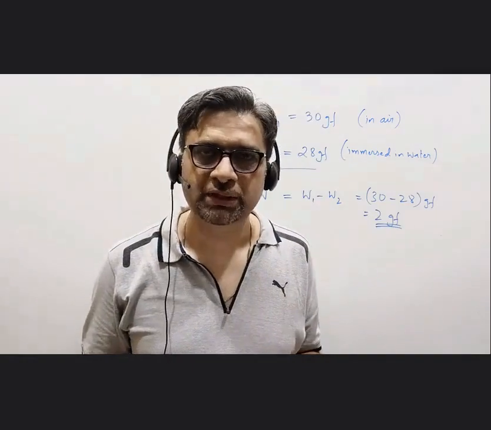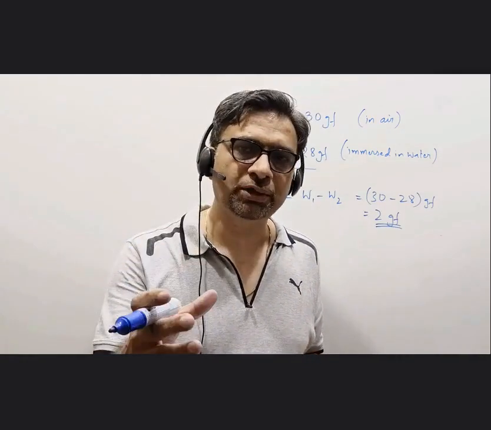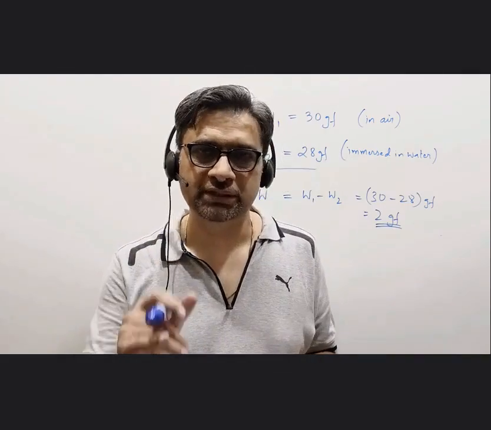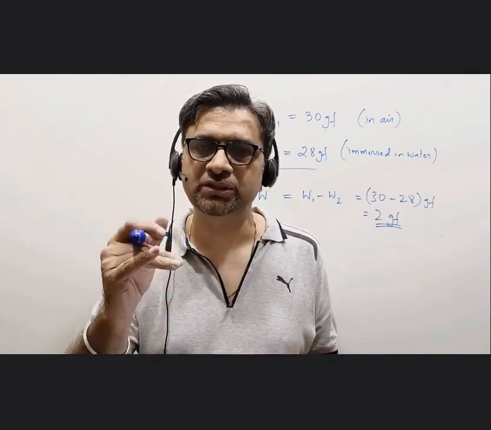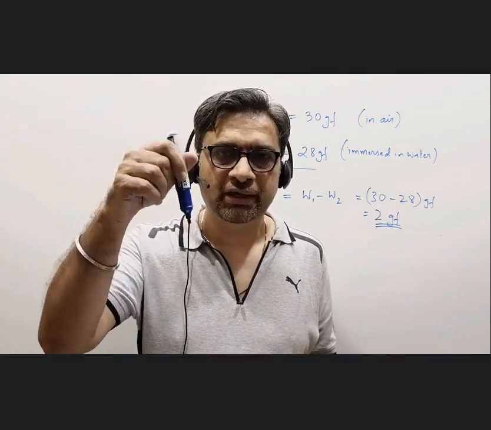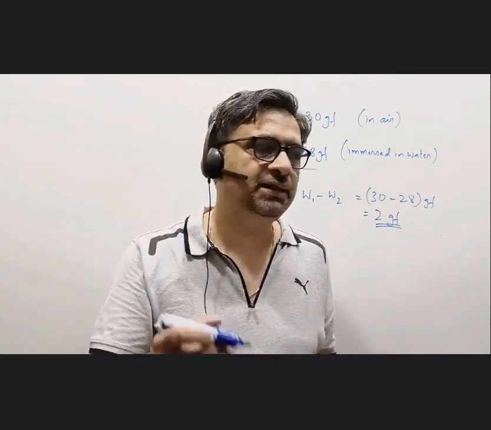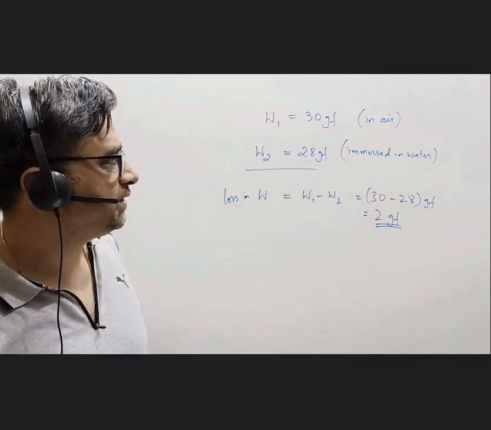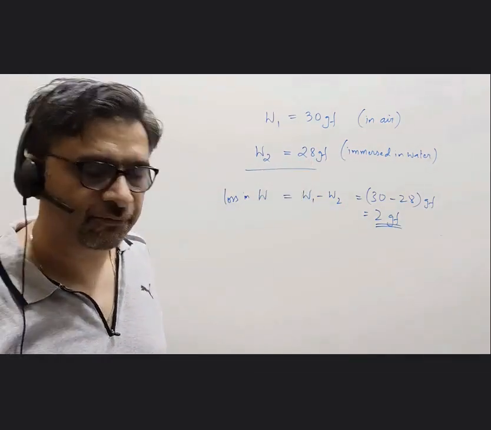It has lost weight because when it was in water, an upward force called buoyant force is also acting on it, which is opposite to the gravitational force, and that's the reason why the weight of this body becomes 28 gf.